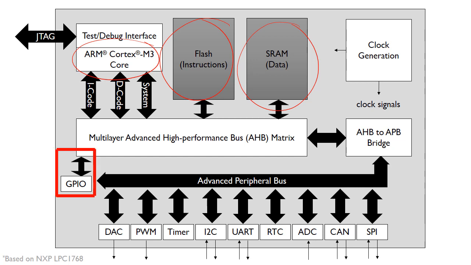One of these blocks is a GPIO block, connected to the core through this multi-layer advanced high performance bus matrix. Basically this just means it's connected up to the core here. All the circuitry for the actual physical pins is inside this block.